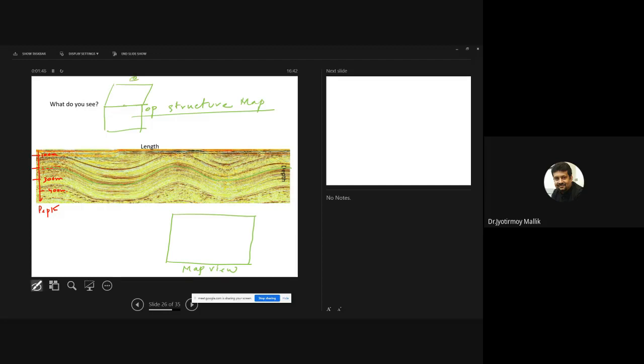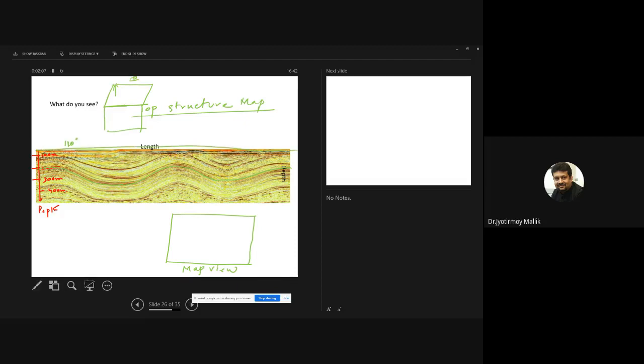So I'm looking at this surface where I have, for example, a tree. I'm looking at it from the top. And say the orientation of this line is 110 degrees.